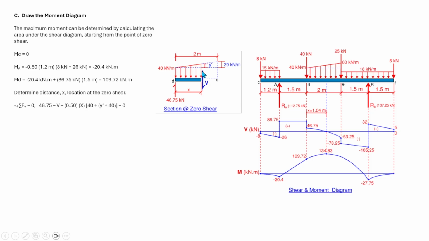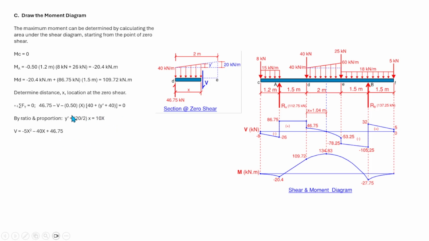So that is y prime plus 40 is equal to 0. By ratio and proportion, we can determine y prime, and we can express that in terms of x, that is equal to 10x. That is by ratio and proportion.